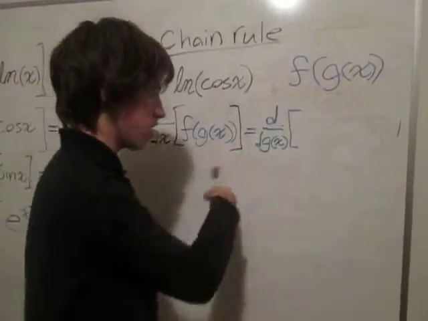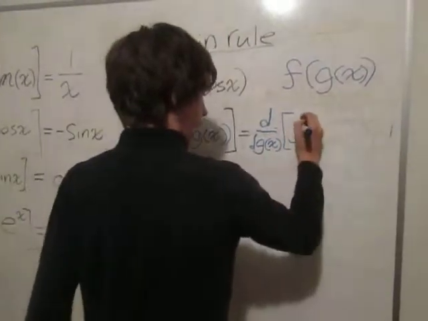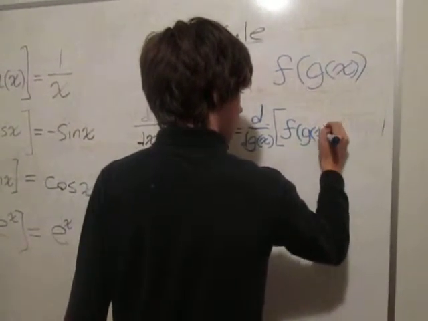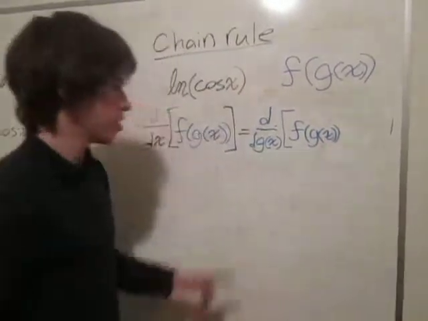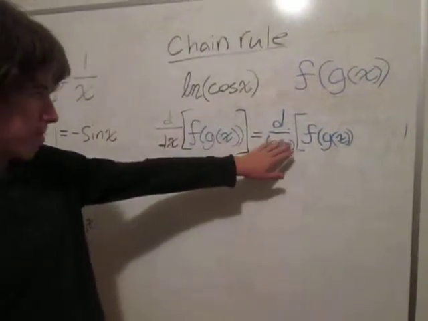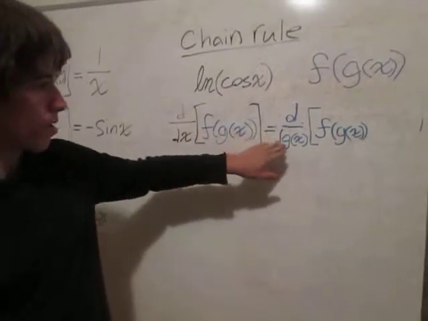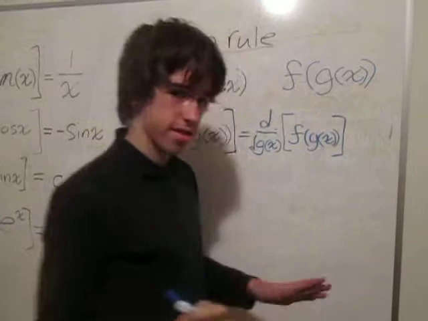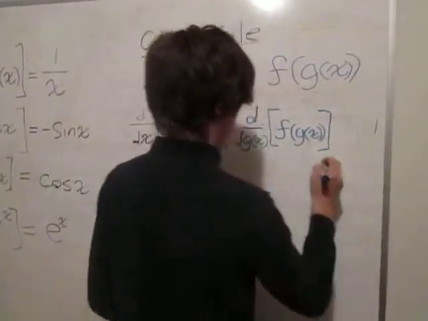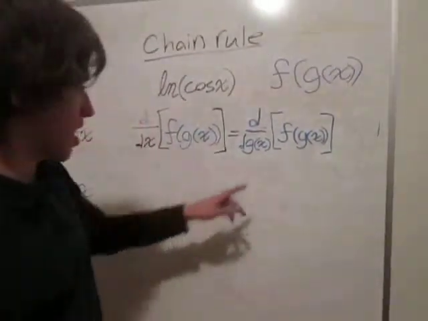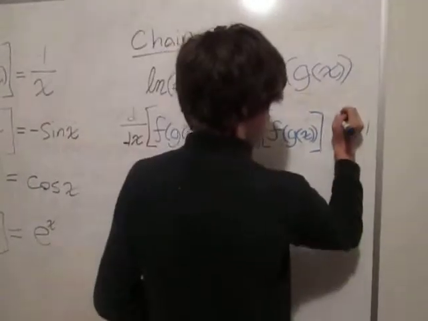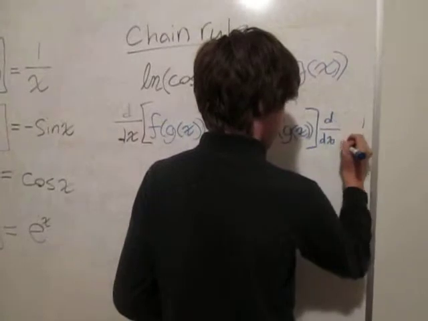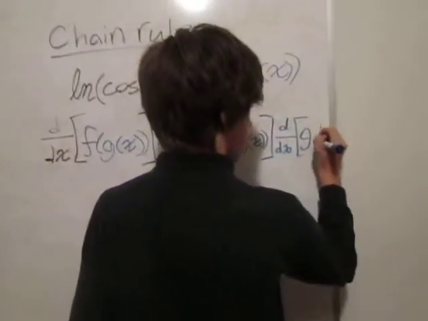But I'm going to write it d over dg of x of f of g of x. Alright? Times, and I'm running out of space here, times the derivative with respect to x of g of x.